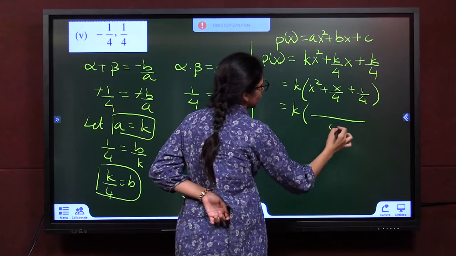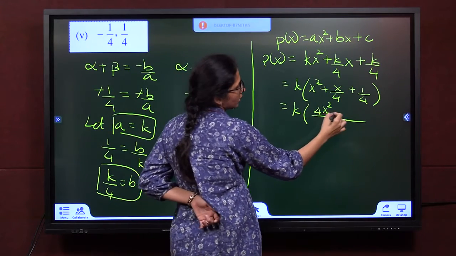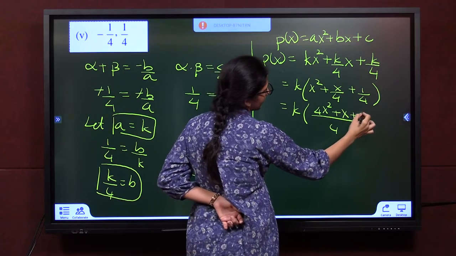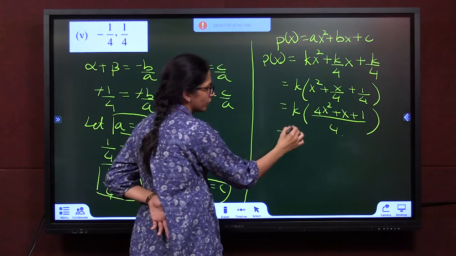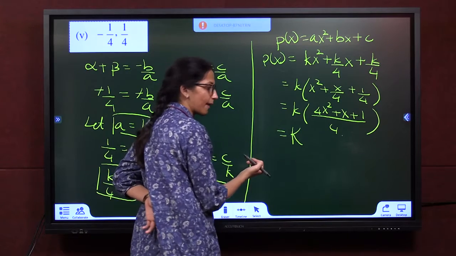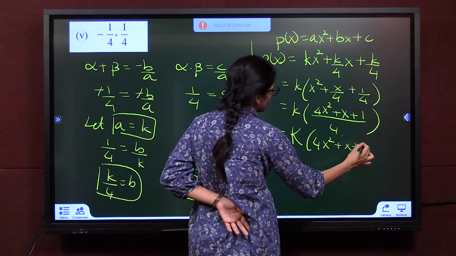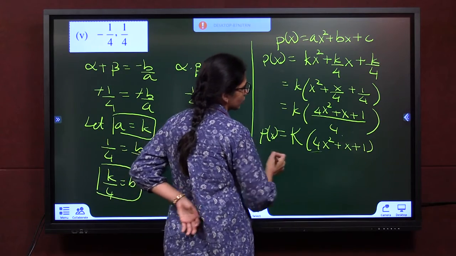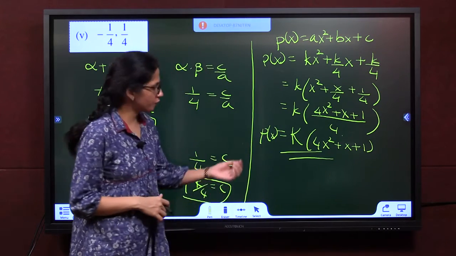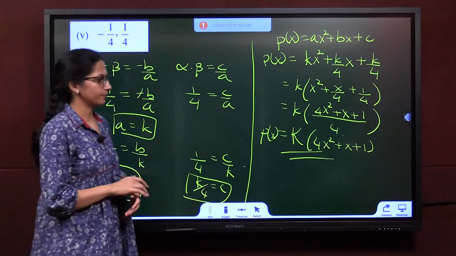K into 4x square. Why? Multiplying and dividing with 4. Here LCM we already have the denominator. So if the 4 goes out, it becomes k by 4. Let's replace it by a new constant capital K into 4x square plus x plus 1, where capital K is also constant. So this is the general form of the quadratic polynomial. If you put capital K equals 1, then it will become 4x square plus x plus 1.